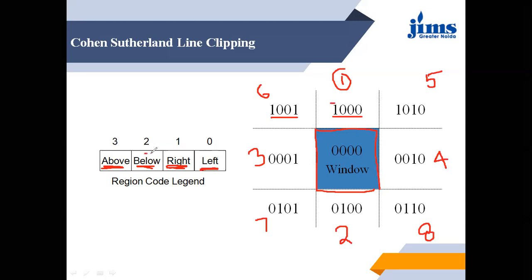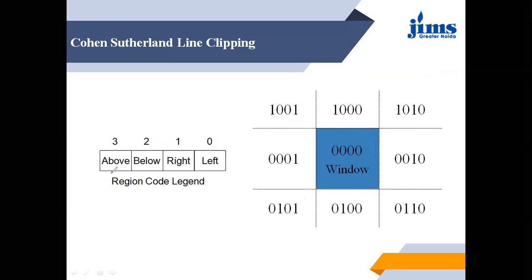This is not below, not in the right, and not in the left, so all the other bits are 0 0 0. Over here you can see that this is not above, this is below, this is not in the right, and this is in the left. In this way, we can assign different region codes to represent the world space.